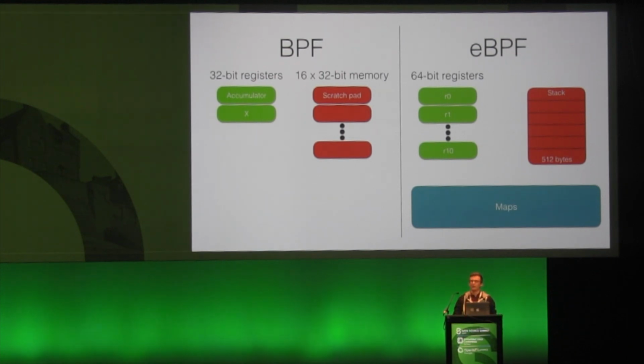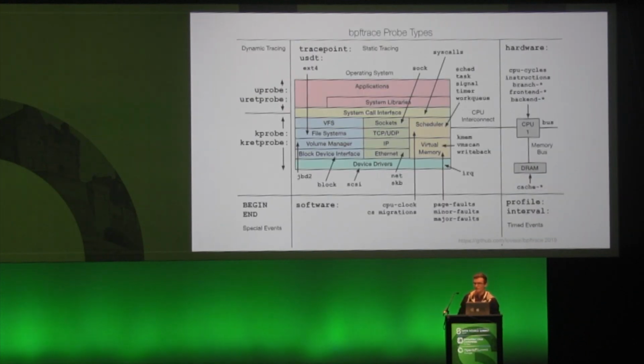So now that we can run almost general purpose programs in the kernel, we can perform internal aggregation. The final step that we need to be able to use BPF for tracing is the ability to attach our BPF programs to the events that we want to trace. Unfortunately, that work has been done as well. So we can do dynamic tracing of kernel functions with kprobes, and user-land functions with uprobes.